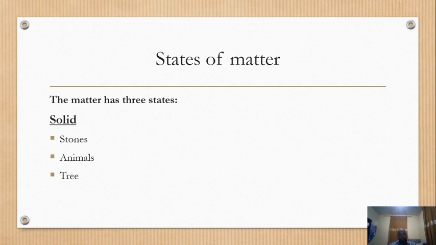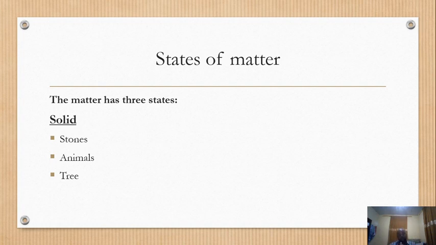State number one, solid. Matter can exist in a solid form. For example, the stones that we pass by every day. You see a lot of stones all around, sometimes mountains of stones.